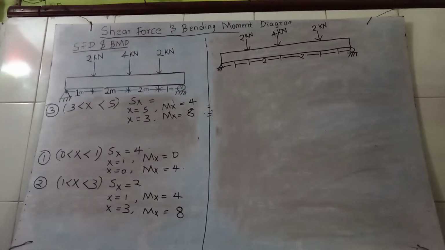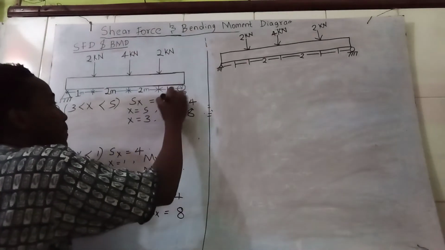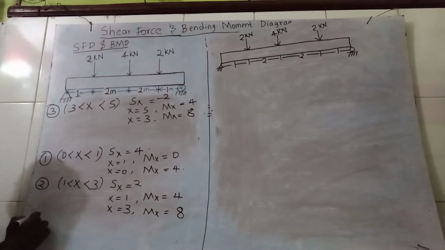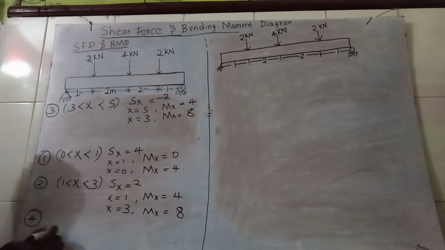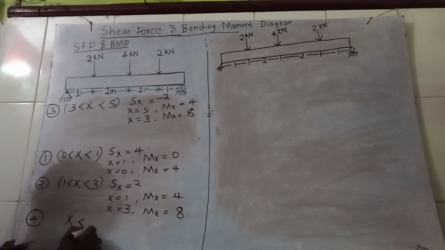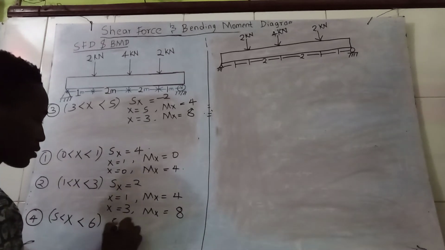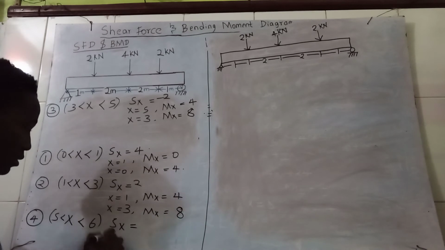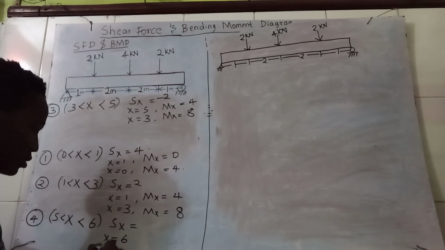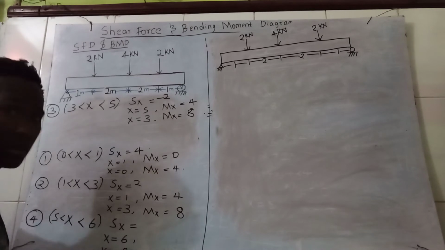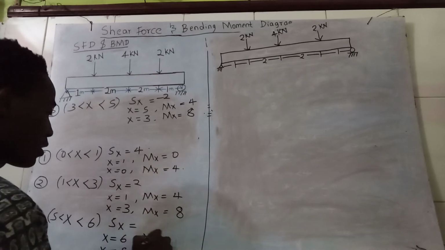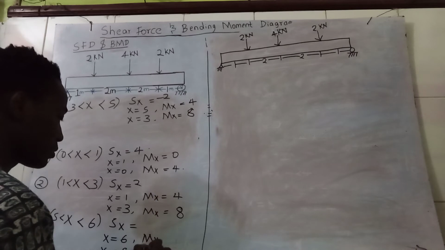The shear force Sx was negative 2. And lastly, at a section whereby x was less than 6 but greater than 5, Sx was that, then x equals 6, x equals 5, Mx.